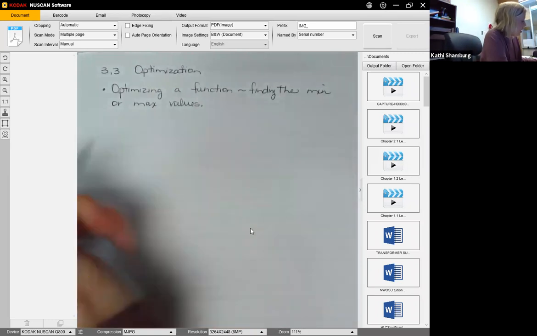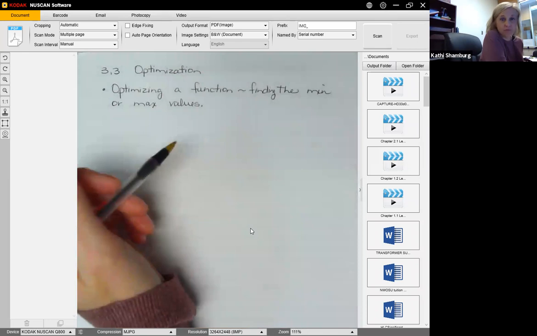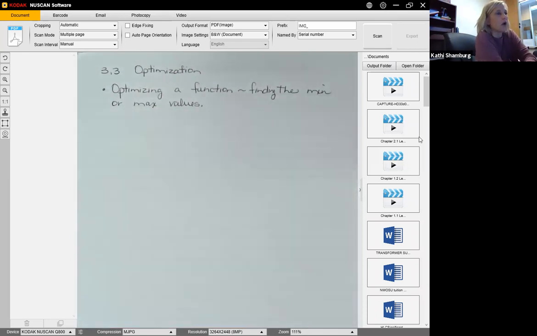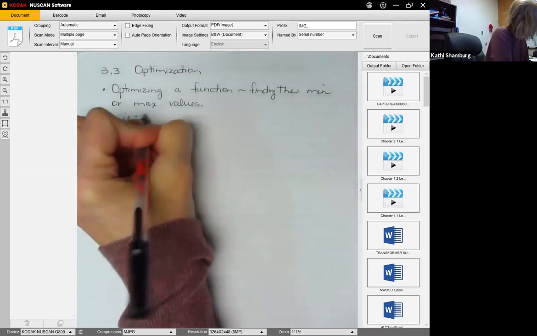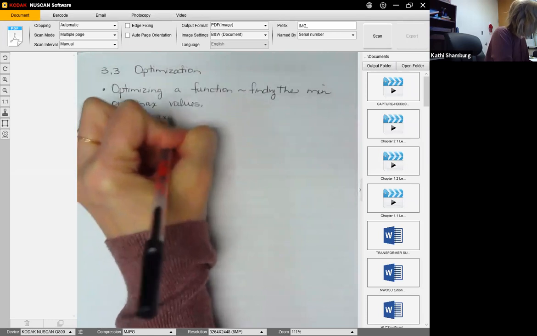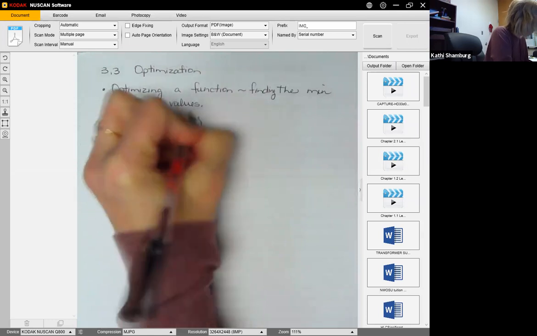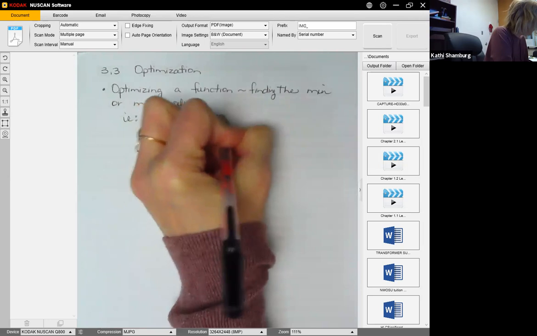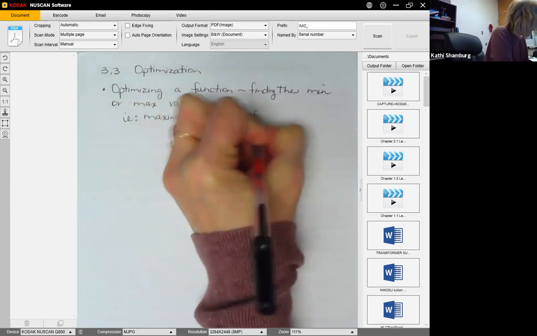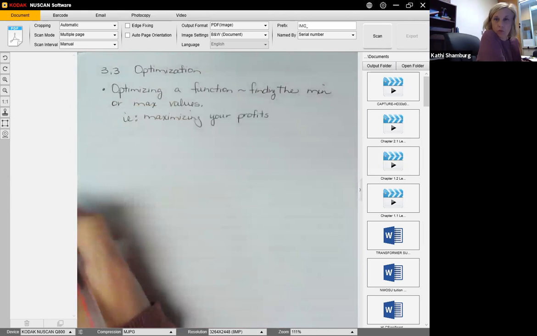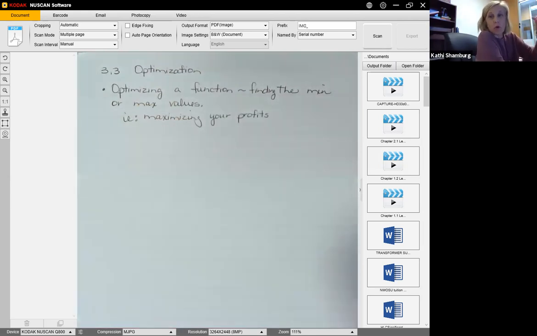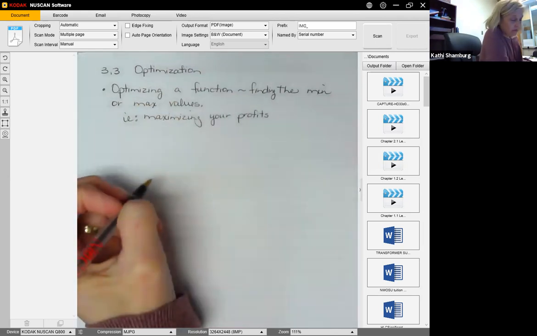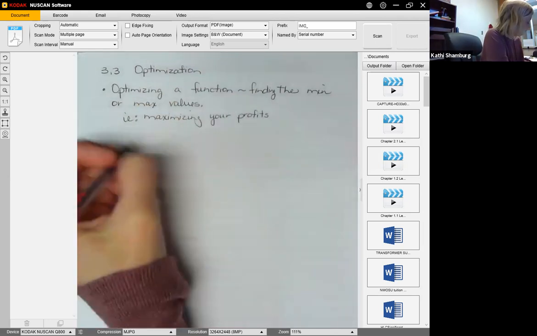further. Now, in real life, in businesses where they look at optimization, an example would be looking at minimizing costs or maximizing your profits. So a business is going to look at cost, revenue, profits. They want to maximize those profits, get the most out of their business.